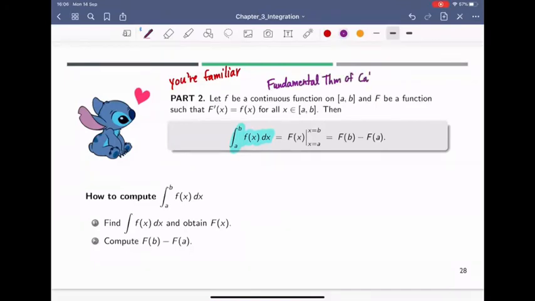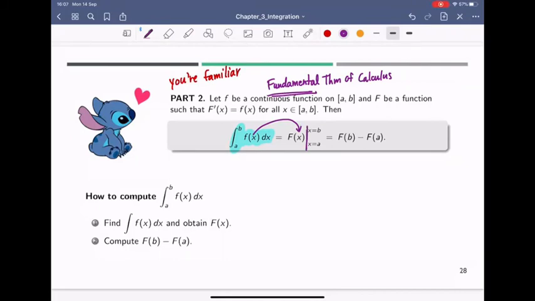By the name, you can see that this is fundamental, which is super important. This is the basic theorem for calculus. It states that if you integrate from a to b of f(x) dx, you don't have to use the Riemann sum. You can find the antiderivative, capital F, and then you just evaluate the antiderivative at b minus the antiderivative at a.